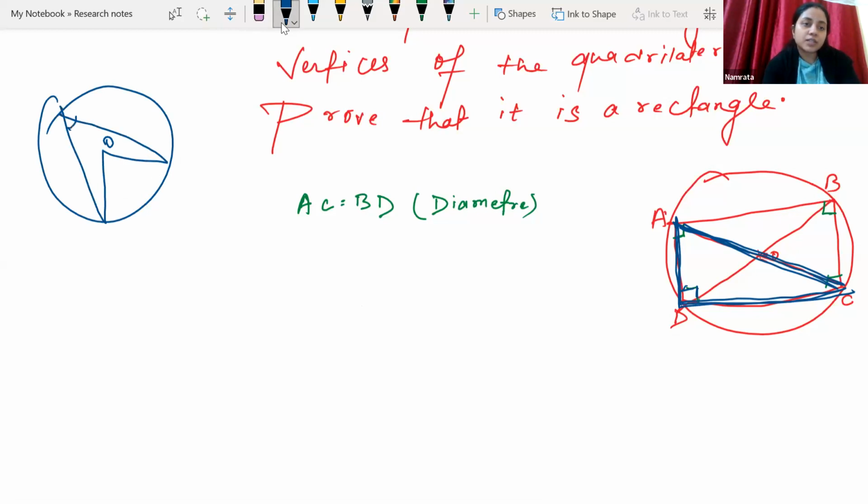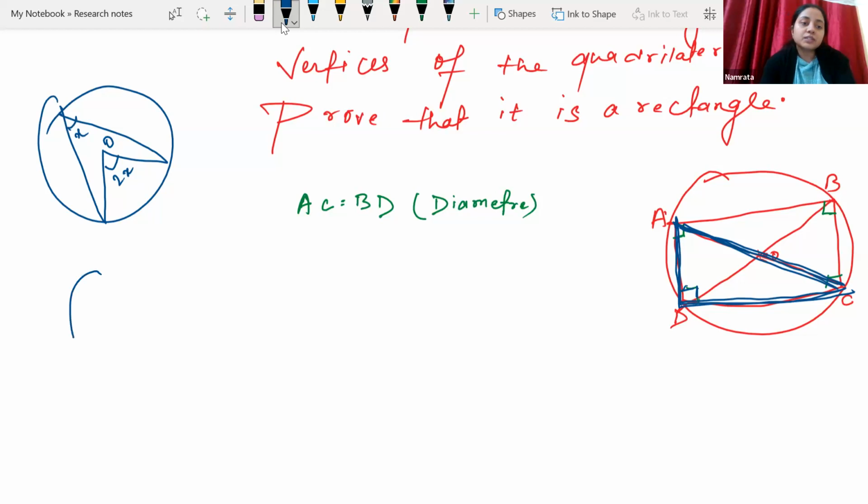If this is x, this will be 2x. Angle subtended by an arc at the center will be double of the angle subtended by the same arc on the remaining part of the circle. Do you know this theorem? Are you familiar with this theorem?